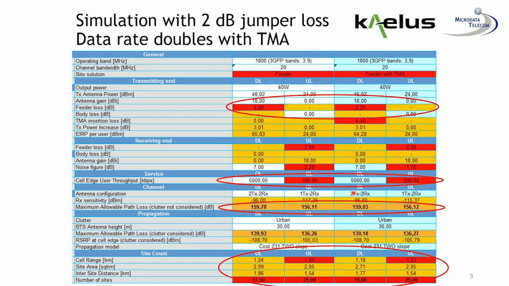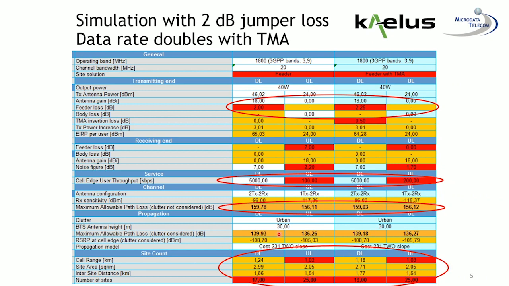So the 5 meg downlink is still 3 dB stronger or higher in performance than the 200 kilobits with the TMA. So looking at the balance situation, the TMA has here doubled the performance of the uplink.